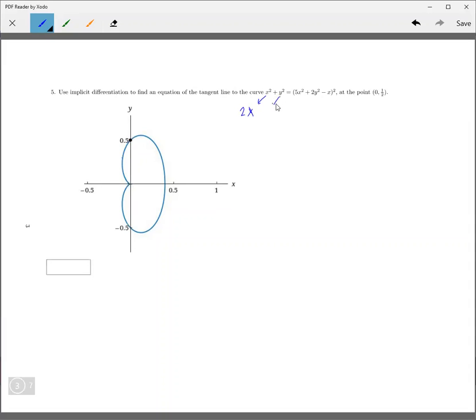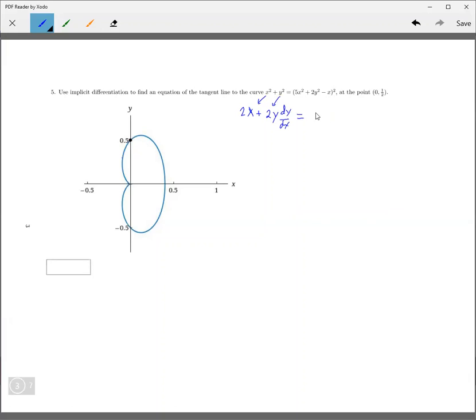This one, you think of the outer function as being x squared, whose derivative is 2x, but then you put a y instead of an x, and then multiply by the derivative of the inner function, dy dx. Okay, now here, with this one, we have an outer function of u squared.